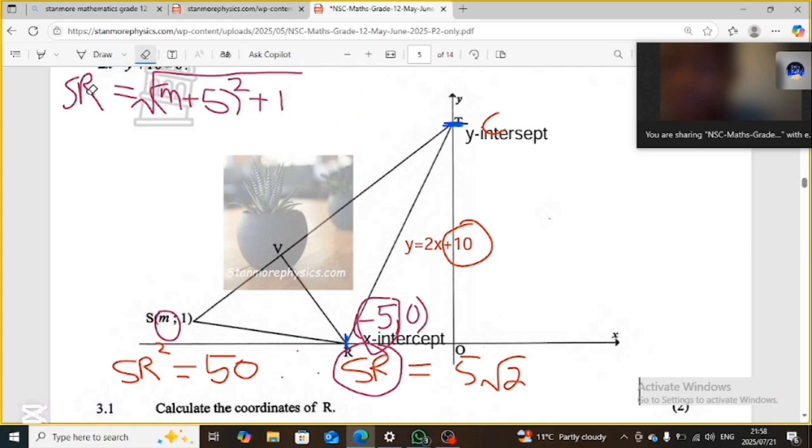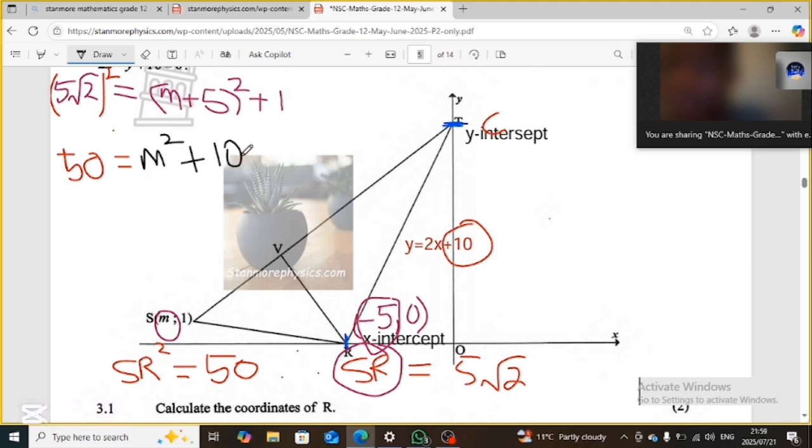We already know that SR is equal to 5 root 2, so we are going to square both sides. On the left-hand side we have 50, and on the right-hand side the square root is cancelled by the square. We expand and simplify (M plus 5) squared, giving us M squared plus 10M plus 25, plus 1.